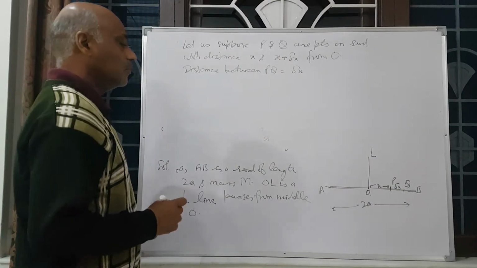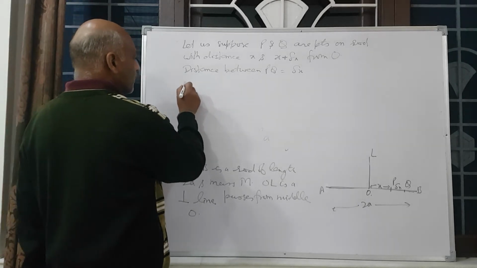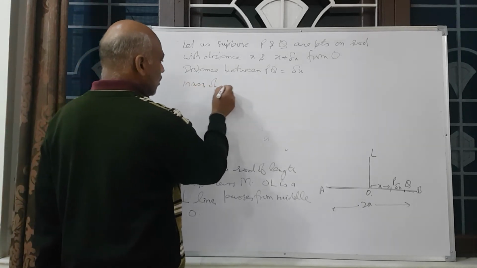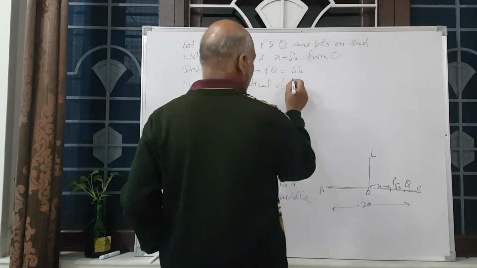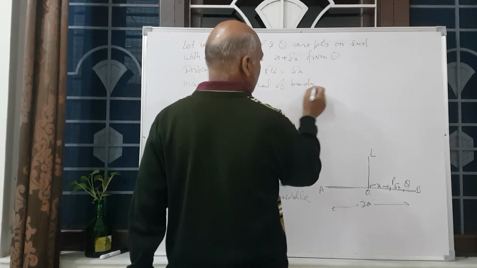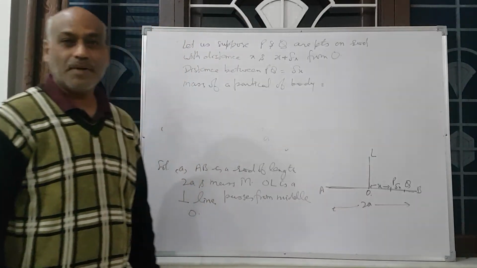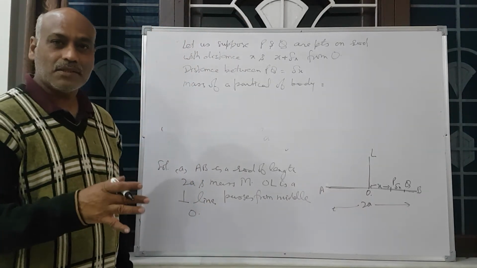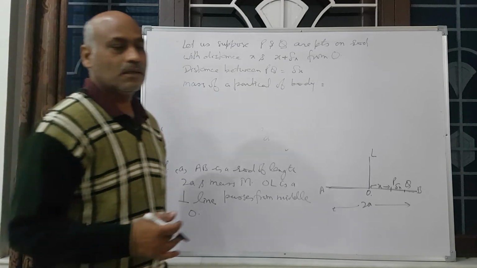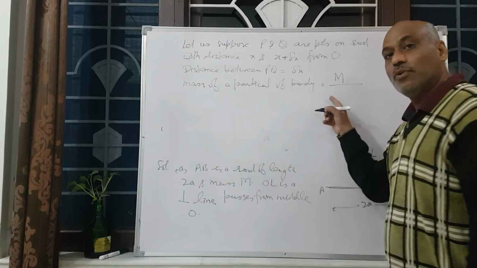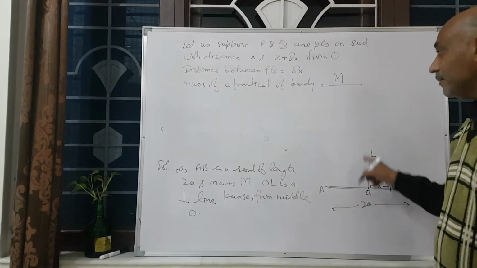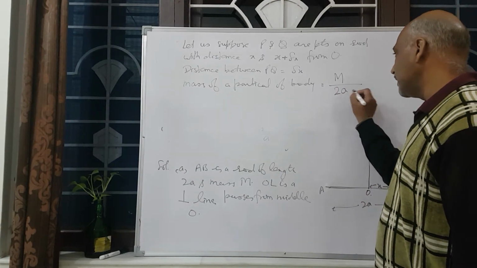So now, what is the mass of a particle of a body? It is the whole mass divided by its length. The mass of the whole rod is capital M, divided by its length 2a.